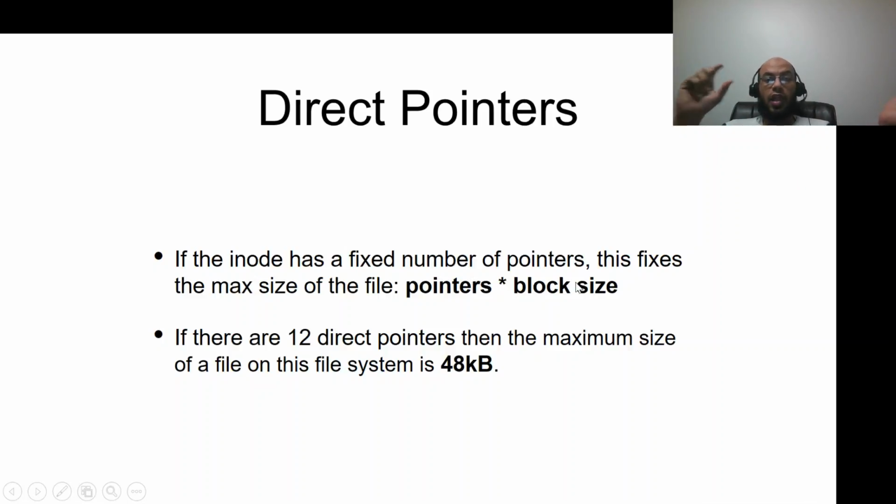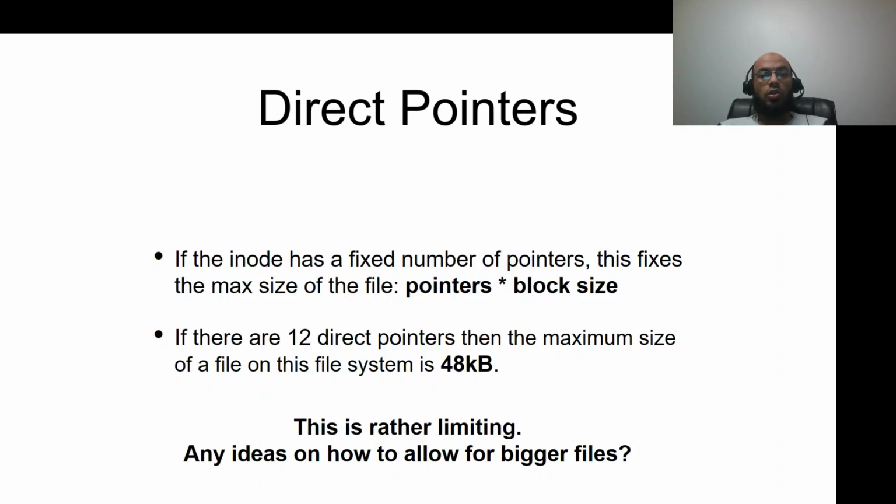Each block can store 4 kilobytes of data. If there are 12 direct pointers, which is actually a real number, then the maximum size of a file on this file system is 48 kilobytes. This is actually a joke, because 48 kilobytes is nothing. So how do you add large files to your file system?